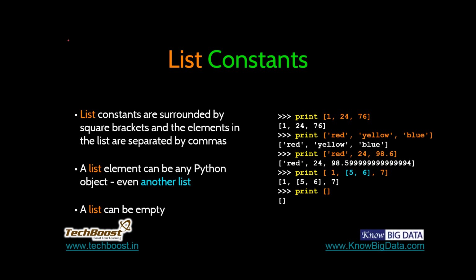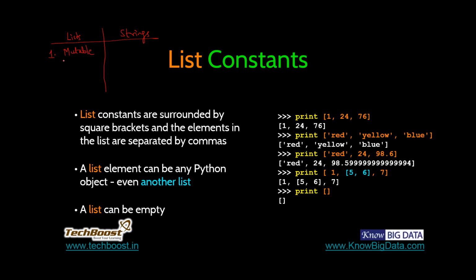All right, so let's see. I will just say two important differences between lists and strings. The first one would be lists are mutable. Mutable, what do you understand by mutable?